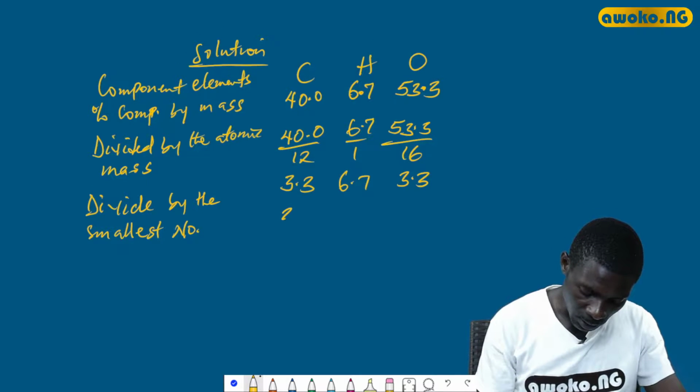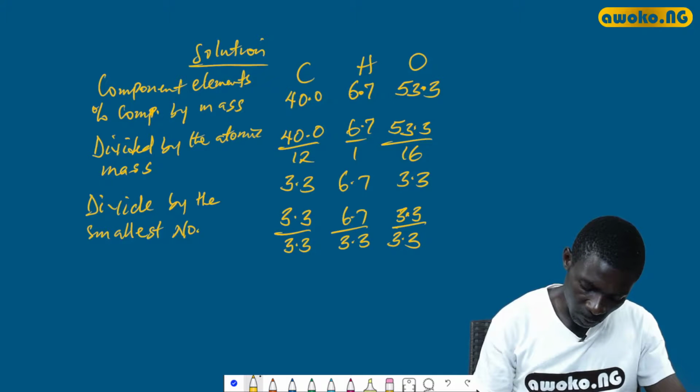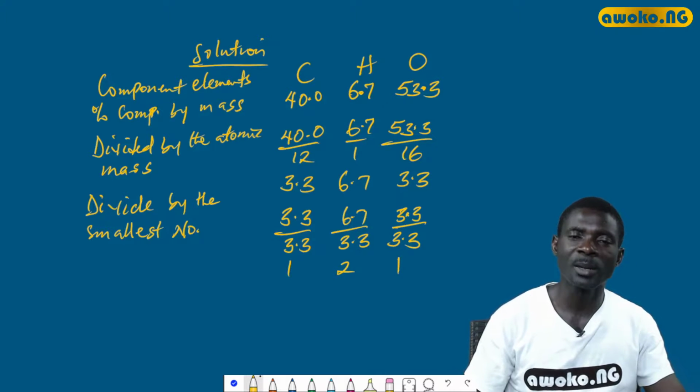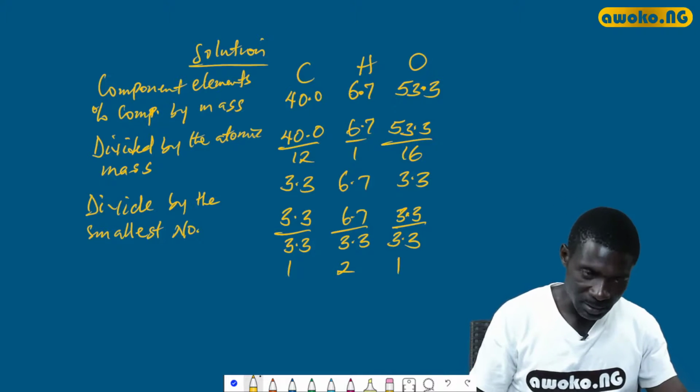So we have 3.3 divided by 3.3, here we have 6.7 divided by 3.3, and here 3.3 divided by 3.3. Here will give us 1, here will give us 2, and here will give us 1. So these are the mole ratios of the individual atoms present in the compound.